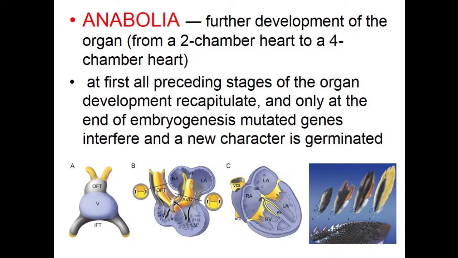First, anabolia: further development of an organ, from a two-chamber heart to a four-chamber heart. You can write to me: does a human have a two-chamber or a four-chamber heart?